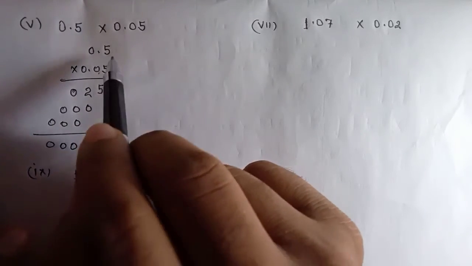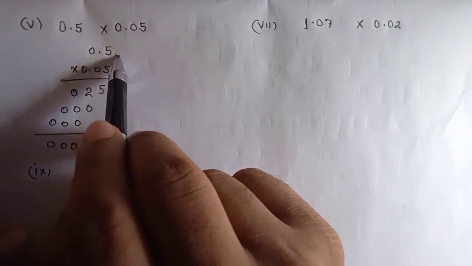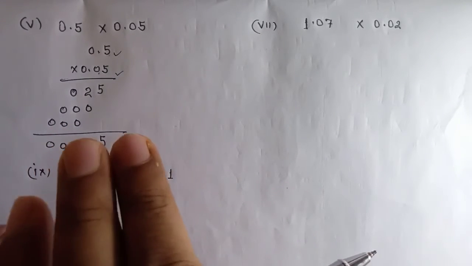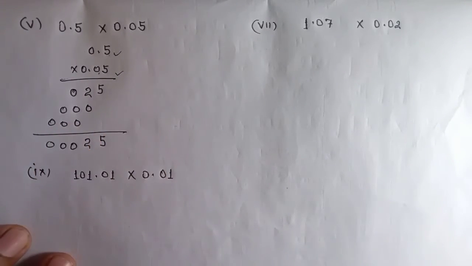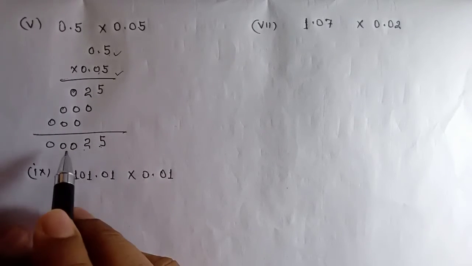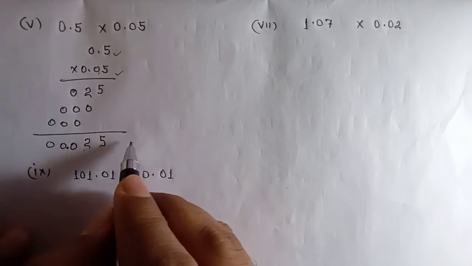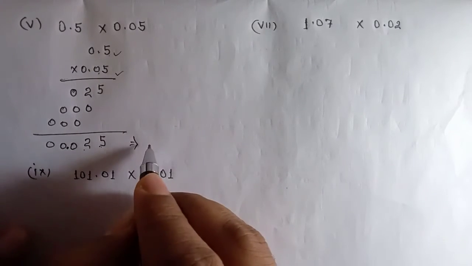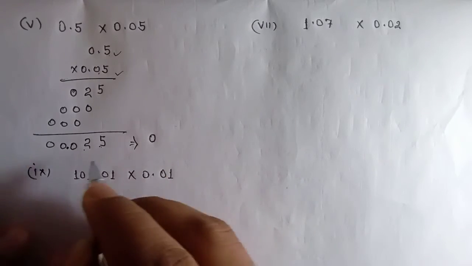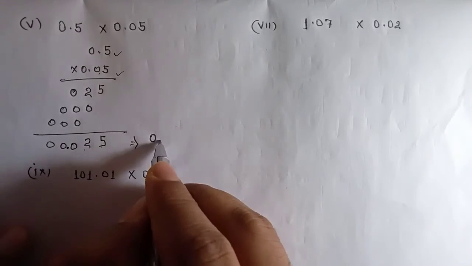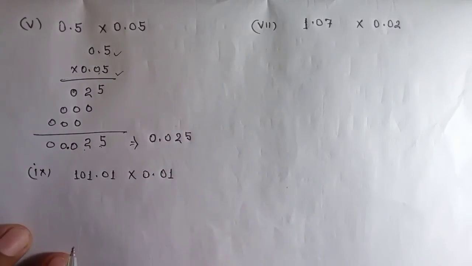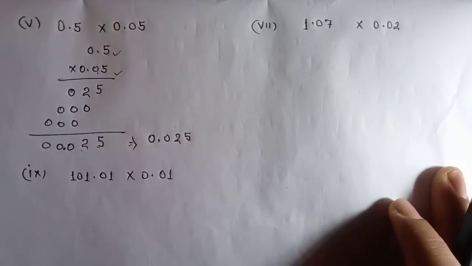In both the numbers you have to count the decimal places, in the first and in the second too. So 1, 2, 3, there are three digits after decimal point. So start your counting from here, 1, 2, 3, and here this point will define your answer. Eradicate this 0, you don't need this. So 0.025 is your answer.